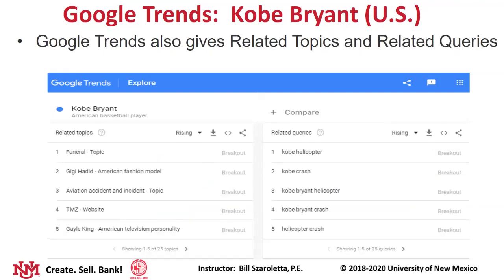And you can also, like I said, find related topics to just typing in Kobe Bryant. You get all these others, and then you get related queries. So these are queries that people also typed in.